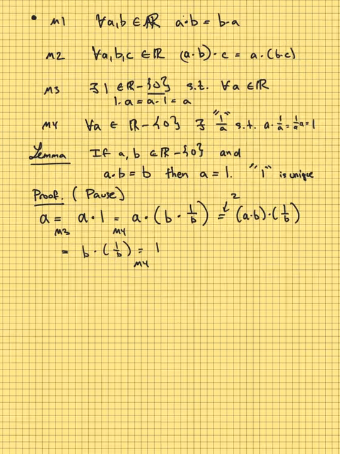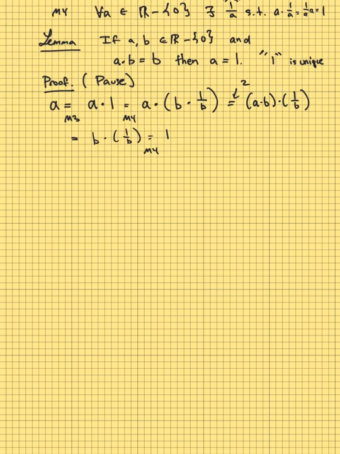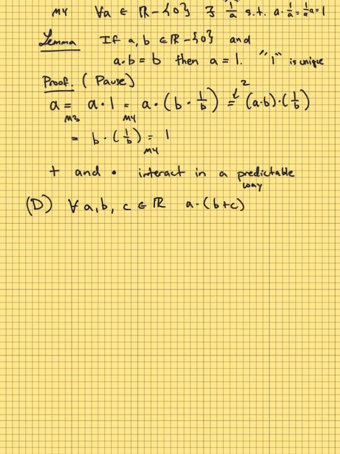Okay? Okay, and finally we have an interaction between plus and multiplication. So plus and multiplication interact in a predictable way. So I'm going to call this property D for distributive. So we have for any a, b, and c in R, a times b plus c is a times b plus a times c.